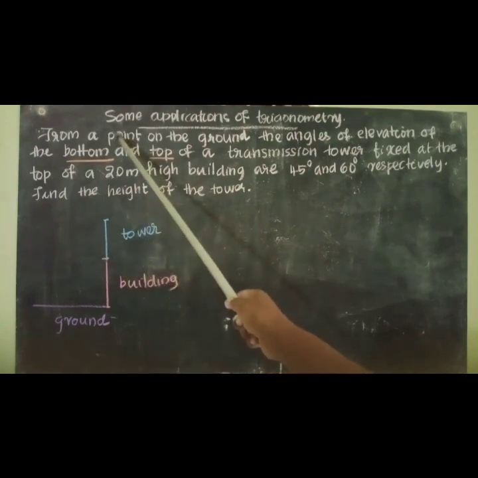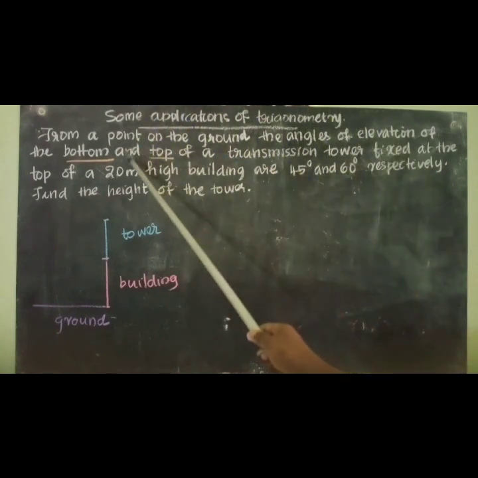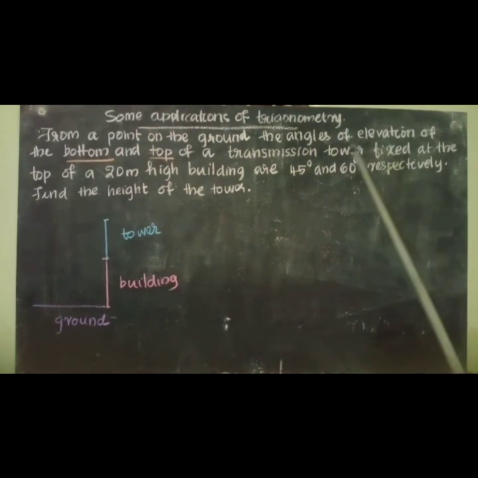Then it is given in the question from a point on the ground, the angles of elevation of bottom and top of the tower is 45 degree and 60 degree. So this is our ground. A person is standing at a point on the ground and he is looking to the bottom and top of the tower.